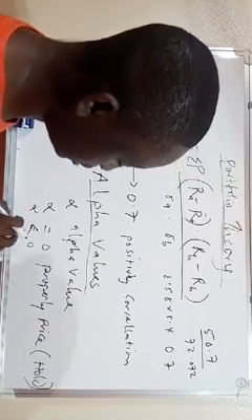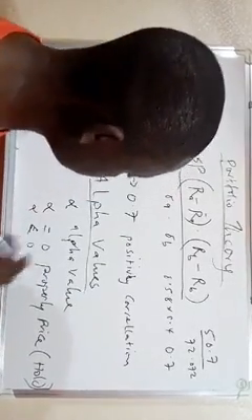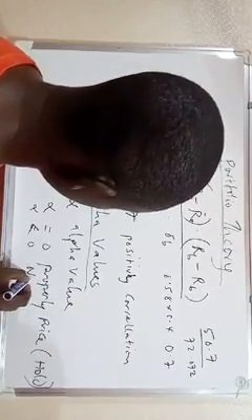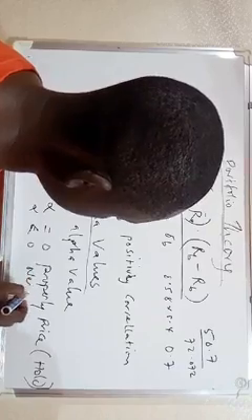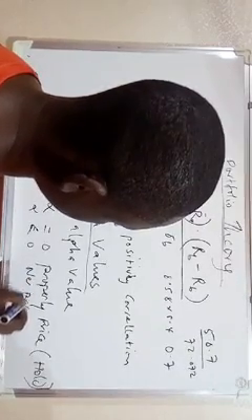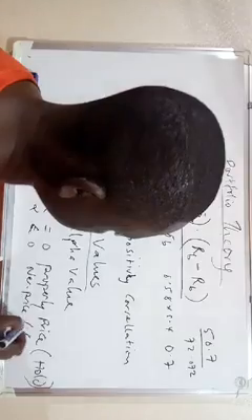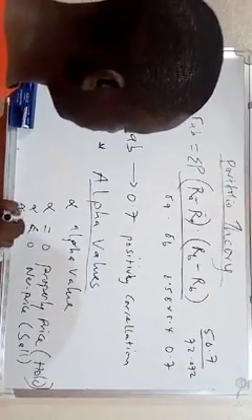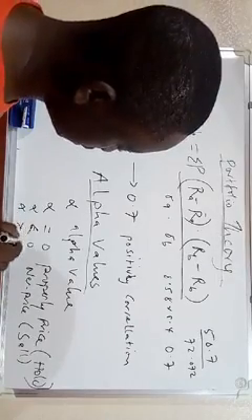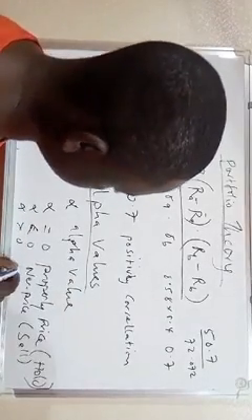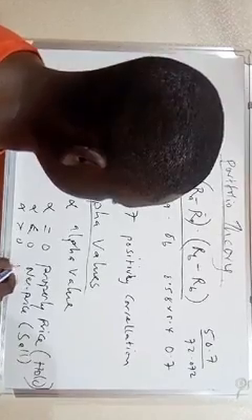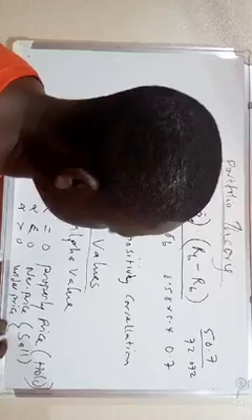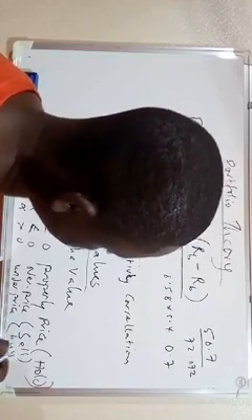If the alpha value is less than 0, it means that the security is overpriced, and therefore you sell. If the alpha value is greater than 0, this is underpriced, and therefore you buy.